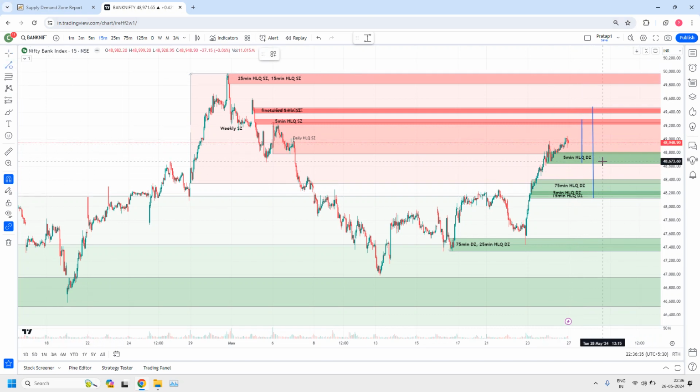If demand is very strong, probably you may see a range from here to here. That possibility is also there. This is another 1000 points range. So these are the different possibilities from the range point of view.